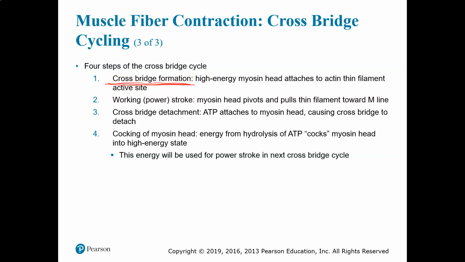And then the power stroke is when the myosin pulls the actin filaments toward each other, toward the center line. And then what allows the myosin to detach from the actin is ATP. When ATP attaches to the myosin head, it causes the myosin to unattach from the actin. And that's going to put the myosin in a high energy state to be used for the next power stroke.